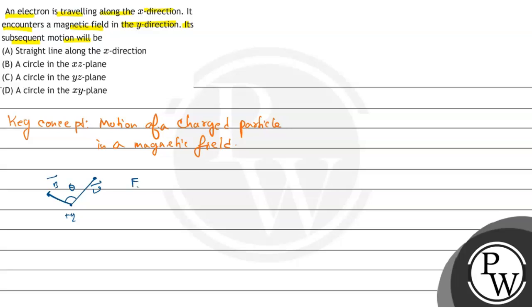So the force due to magnetic field on that charged particle will be q into v cross B, or you can say equals to qvB sine theta, right? And from thumb rule we can find the direction of the magnetic force, that will be in upward direction in this case, right? Now let's draw the coordinates first.